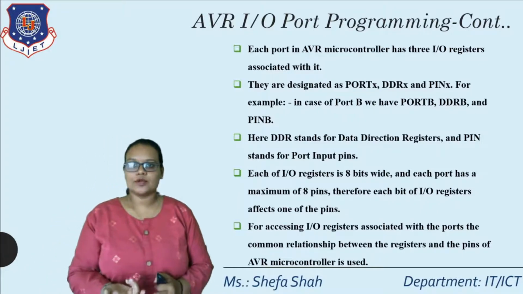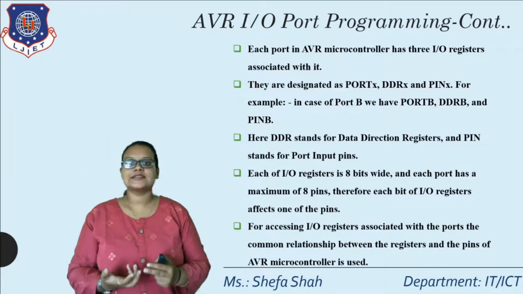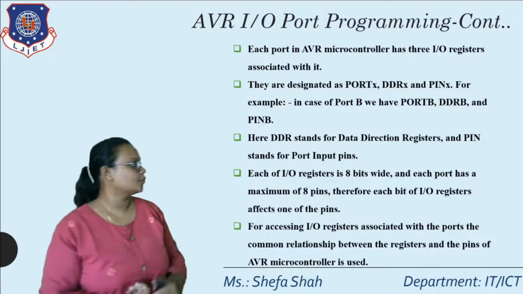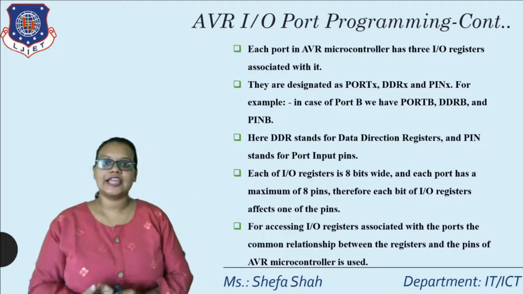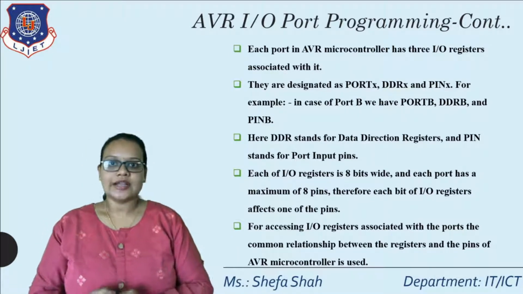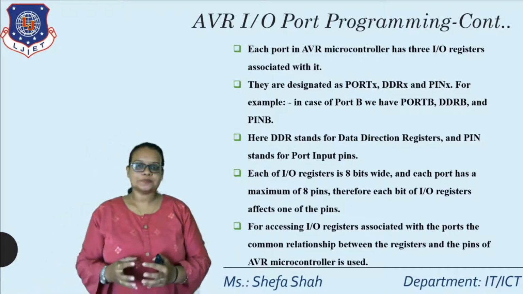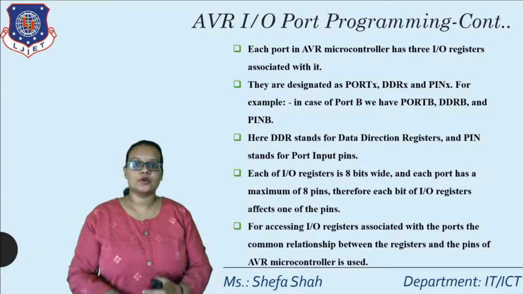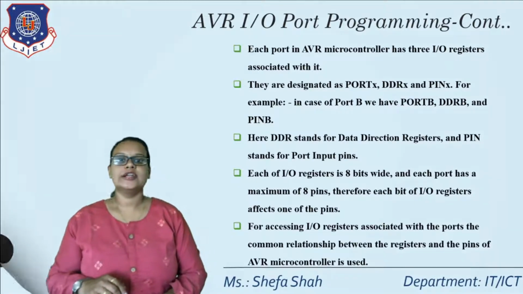If the port is working as an output port, then the DDR of that port will have all 8 bits equal to 1. By this way we can conclude whether a port is working as an input port or output port, respective to that port number.